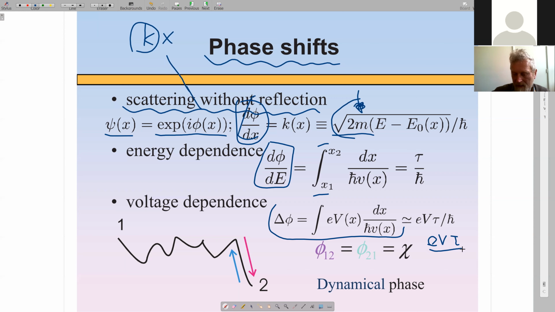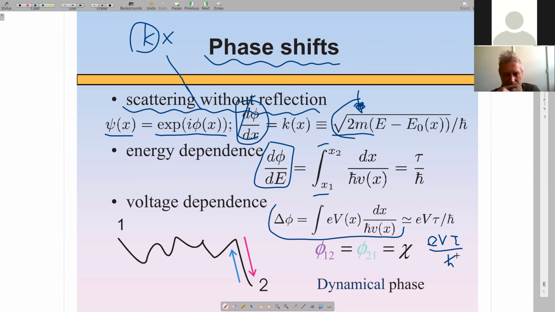Yeah, I need to divide it by h bar to keep it consistent. Fine. So we understood that the phase shifts can be provided by just changing potential, and it doesn't require any classical change of electron trajectories. This potential doesn't result in reflection, transmission, right? It just changes the phase.